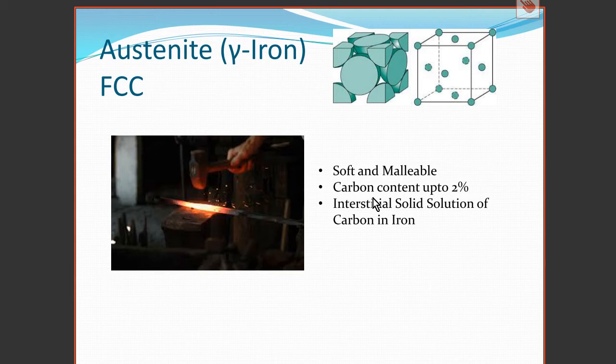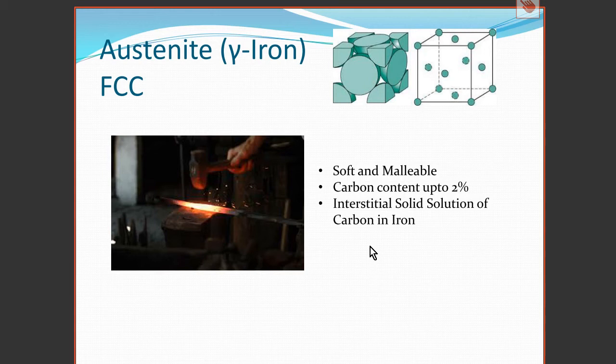The carbon content of austenite is up to 2%. It's very important, as that sets the limit of what we consider a steel and what we consider a cast iron. Steels have carbon less than 2%. Cast irons have carbon contents greater than 2%.